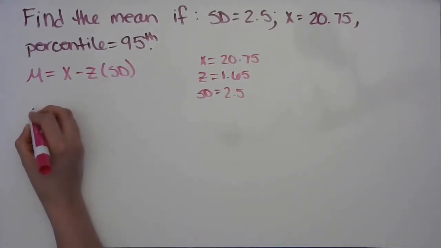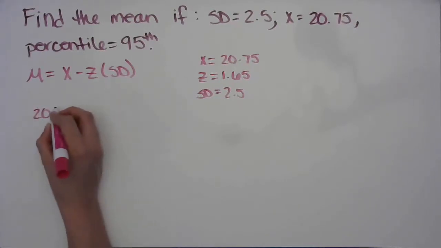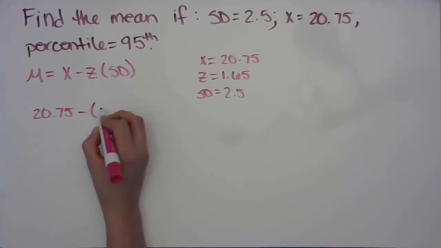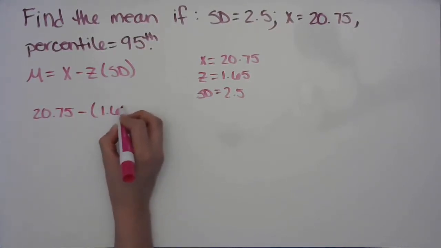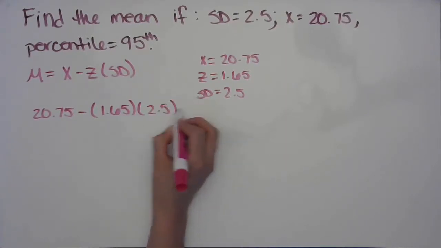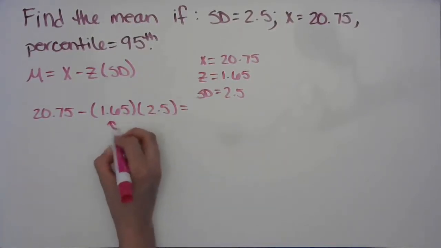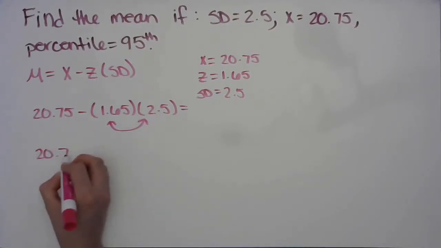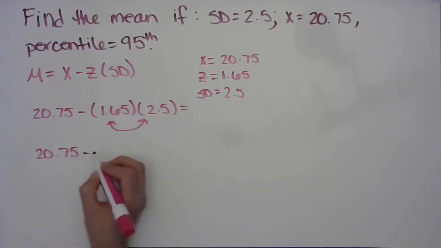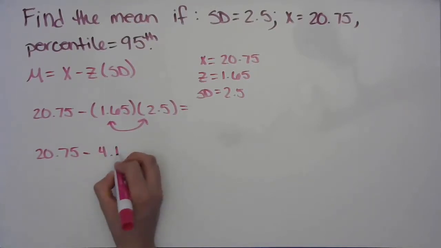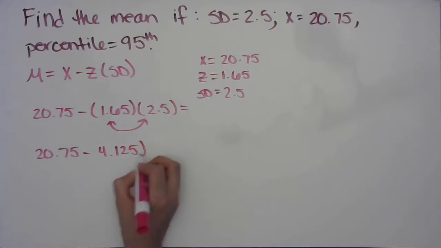So x is 20.75 minus the z-score of 1.65 multiplied by 2.5. So we're going to go ahead and do these first. And that is going to give us 20.75 minus 4.125.